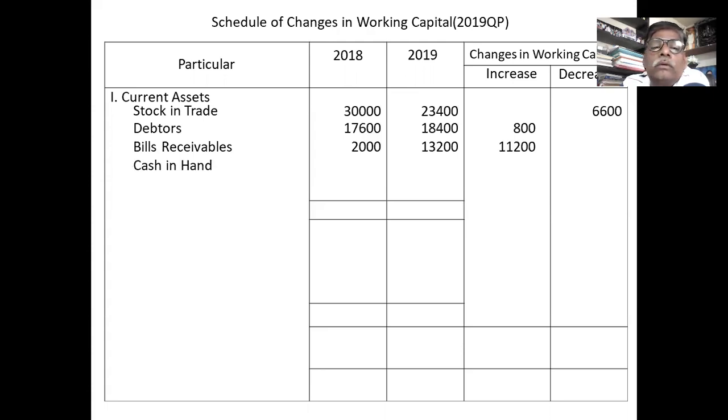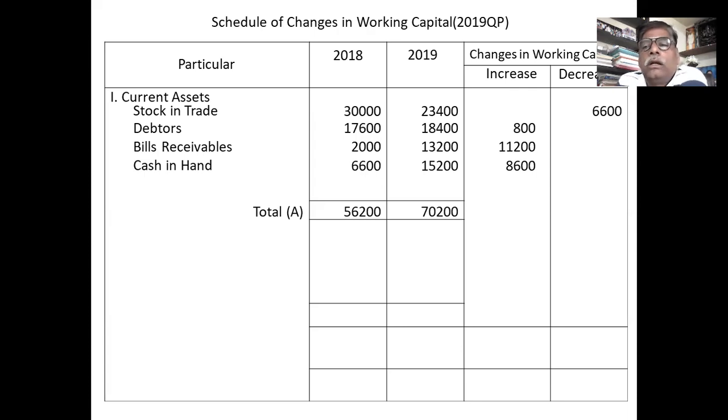Increase column. Cash in hand 6,600, 15,200. So this is also increase. Increase is 8,600. Increase column. Okay. Now you take the total of current asset. First column total 56,200. Second column total 70,200.